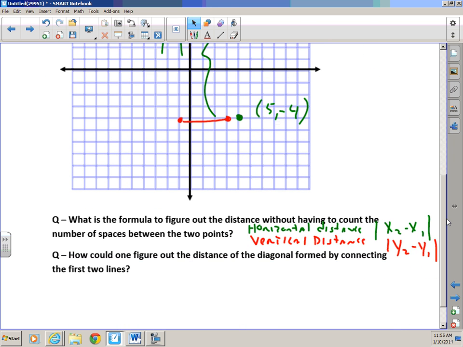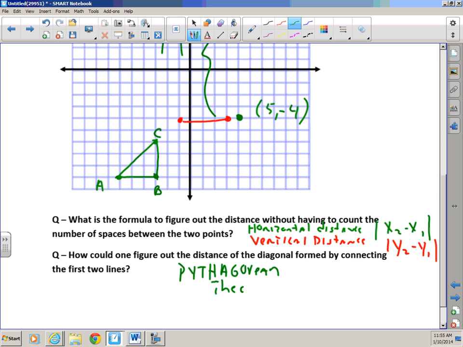The last point is, what if I wanted to figure out diagonal distance? So in other words, let's say I have this little triangle here, and I have A, B, and C, and I want to figure out what the length of AC is. Well, I can't do my counting because I can't count the distance of a diagonal. So what you would use there is what's called the Pythagorean theorem.